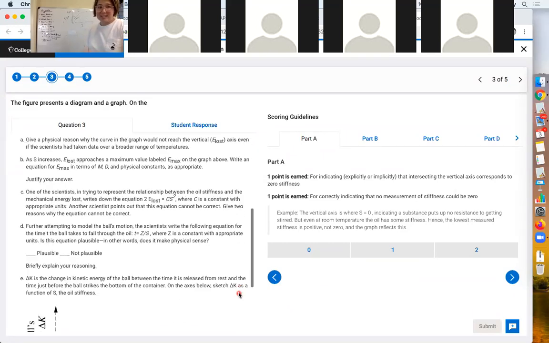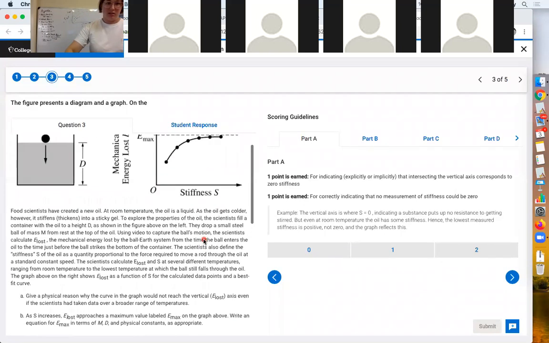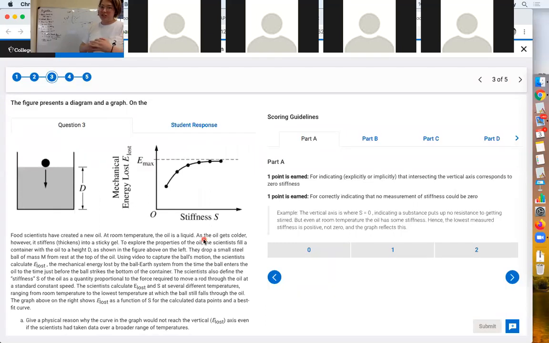For B, as my stiffness S increases, we approach this maximum E max. And so they want you to write an equation in terms of M, D, and physical constants. So what is our maximum energy that we could have lost? What type of energy did it start with? Potential. How much potential did it start with? What's my equation? MGH. Right. How high is it?